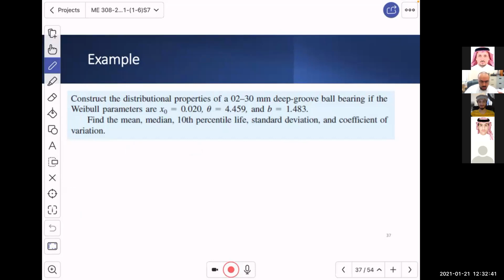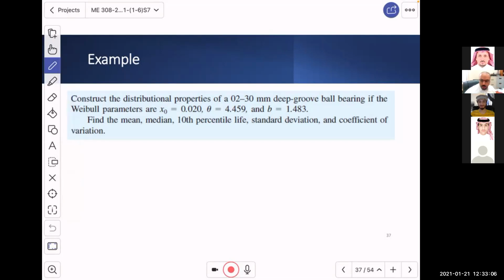And this is where the other student asked me, can we just make it 1.5? No. The answer is no. Find the mean, the median, the 10 percentile life, the standard deviation, and the coefficient of variance. You understand that?